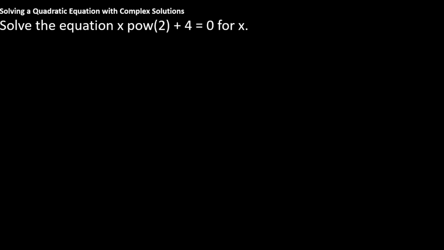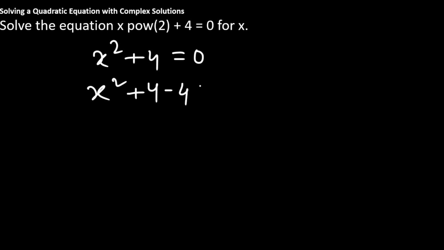Now come to another problem: solve the equation x square plus 4 equals 0 for x. So x square plus 4 minus 4, here also we take minus 4, and x square equals minus 4.